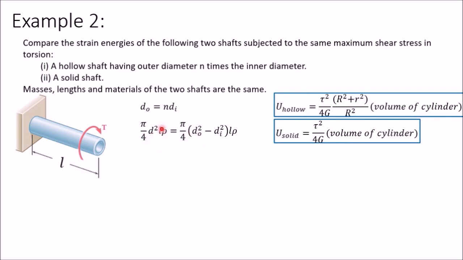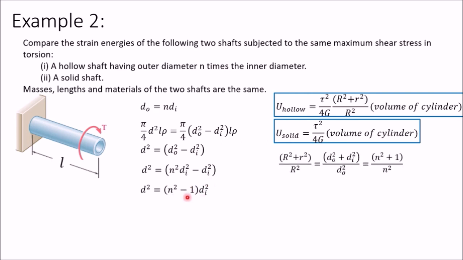Pi by 4 is same, length is also same, so I have taken L and L. So you can cancel out L, rho and pi by 4, so you will get d square is equal to outside diameter square minus inside diameter square. So this relation you will get. Again in place of Do square you can write n square Di square. So d square is equal to n square minus 1 into Di square, inner diameter square.